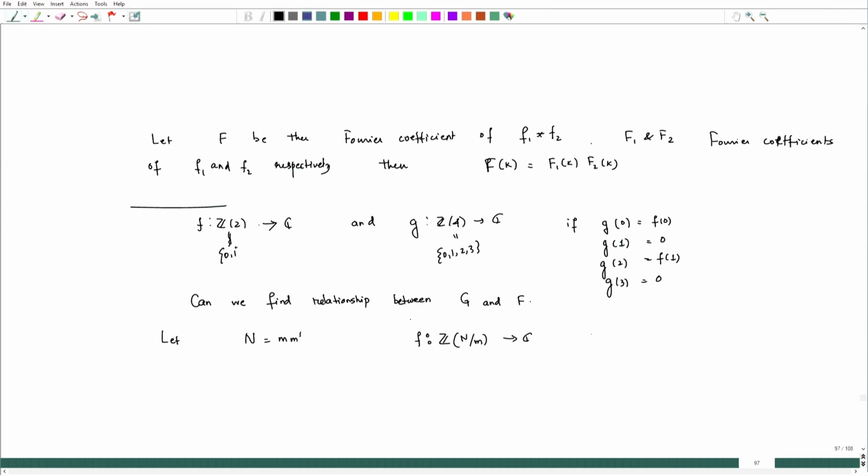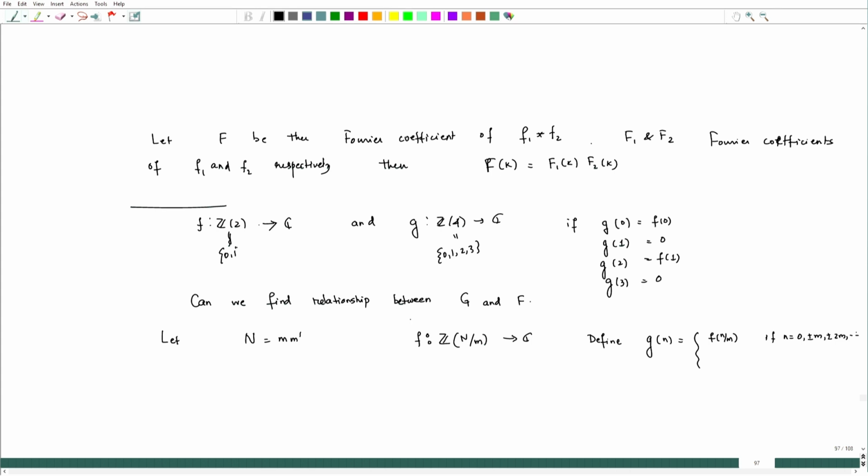If I want to define g of n, this is equal to f of n by m if n is equal to 0, plus or minus m, plus or minus 2m, whatever.